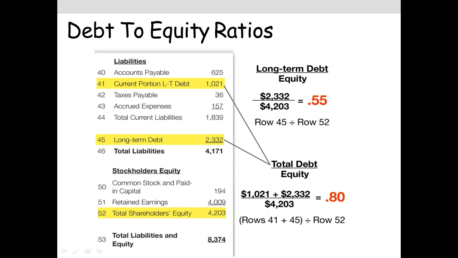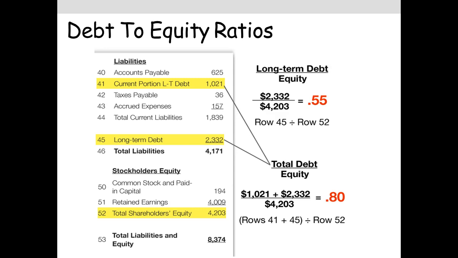First, long term debt divided by shareholders' equity: 2332 divided by 4203 equals 0.55. So this long term debt to shareholders' equity is 0.55, which is excellent.